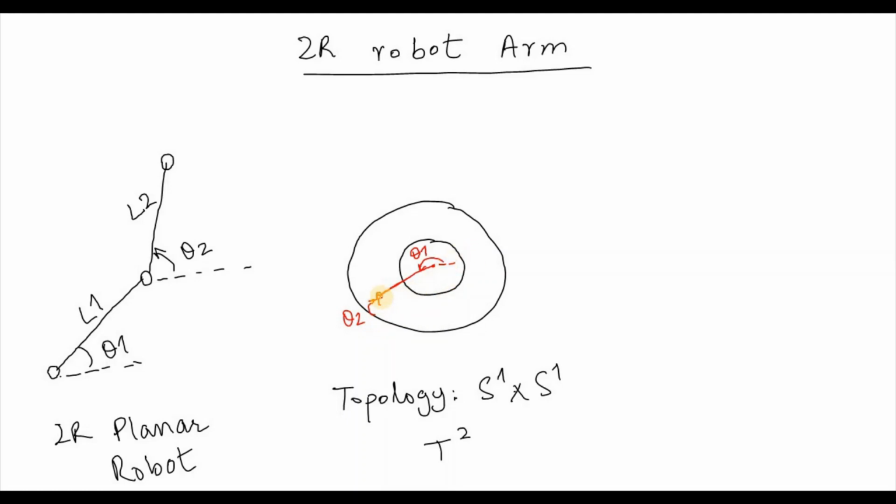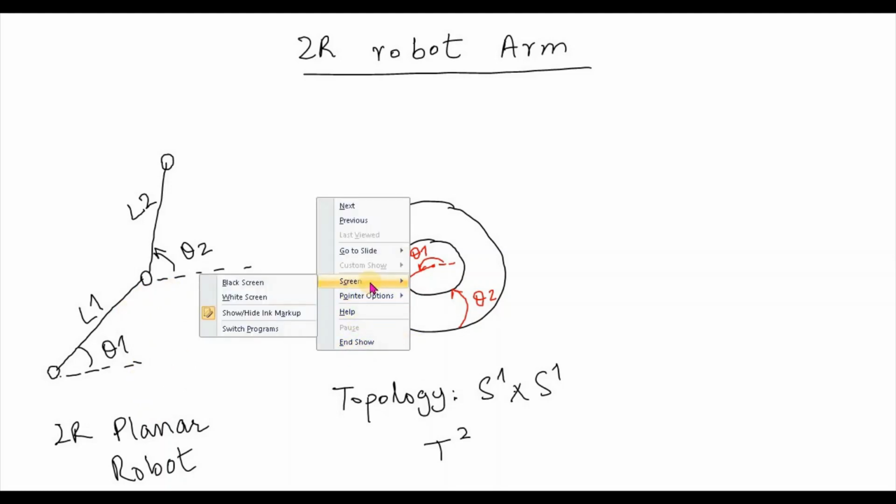This point P can be anywhere on this torus, and keep in mind this torus is a 3-dimensional shape. So this is the topology of this robot with 2 revolute joints in 2 dimensions.